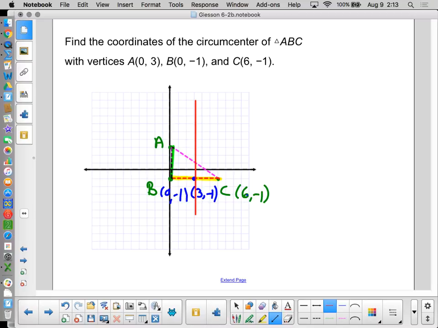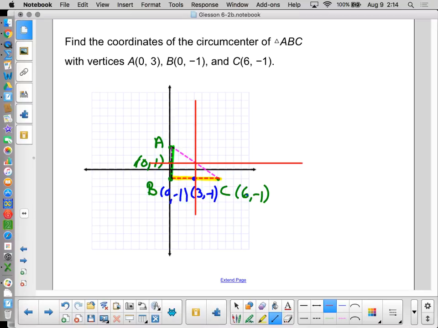Easy. My midpoint for this other side, AB, is obviously the x-coordinate is at 0. The y-coordinate right smack in the middle is +1. So my perpendicular bisector must be horizontal from that. Let's do red again.